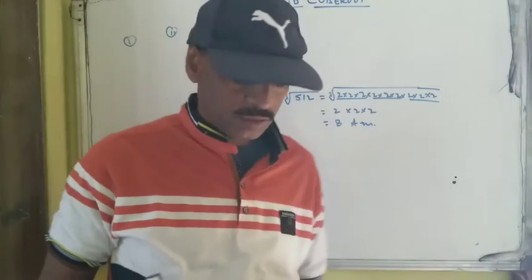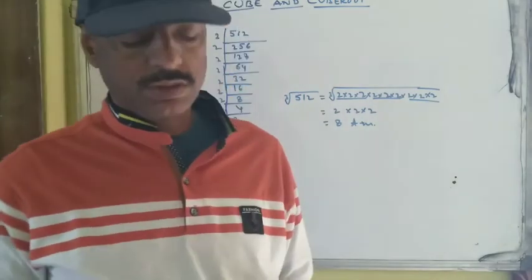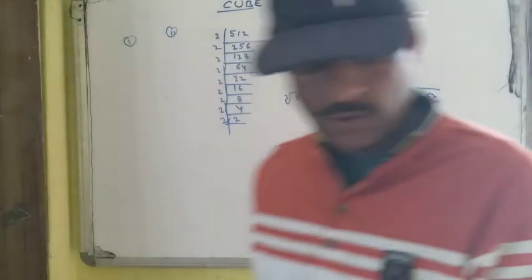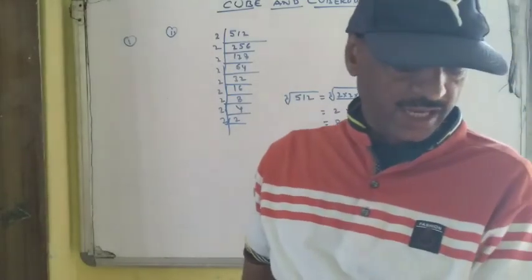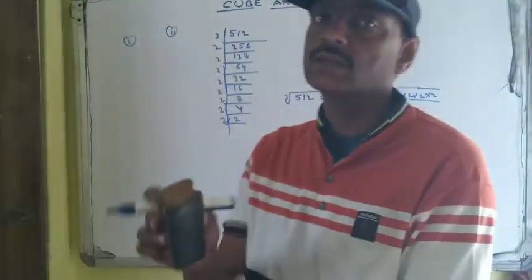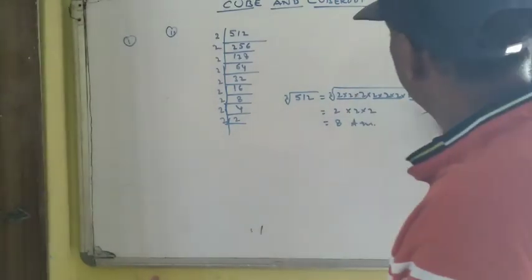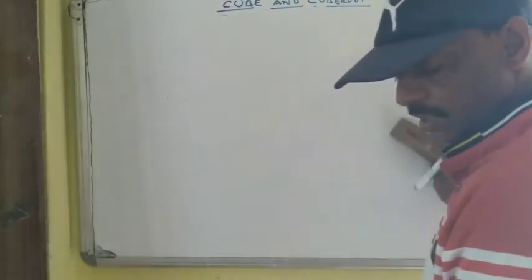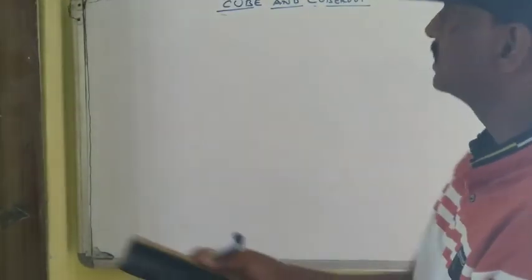And now see question number 2, true or false. The first question is: the cube of any odd number is even.